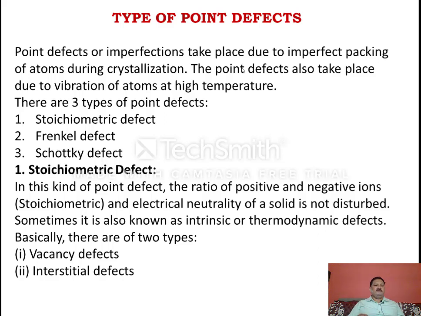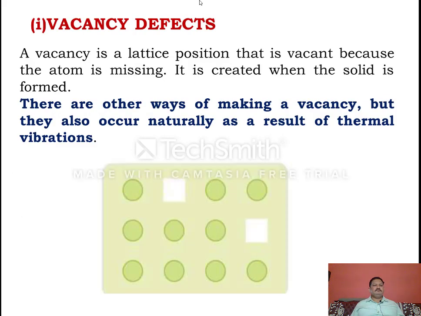And under this heading of stoichiometric defect, we have two kinds of defects. One is a vacancy defect, and the second one is the interstitial defect. So in this vacancy defect, in a crystal lattice, at some positions, we can find some atoms are missing in their regular sites.